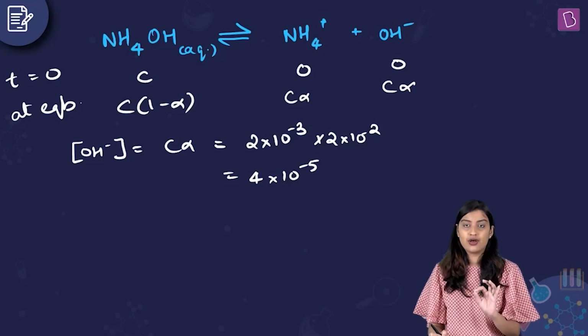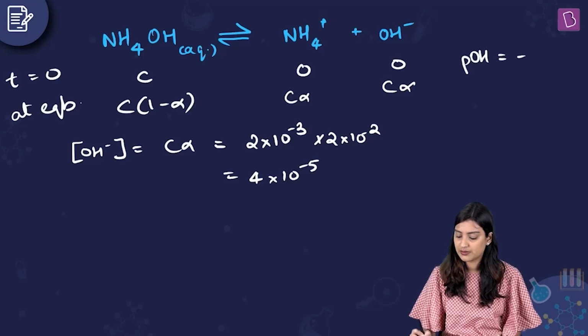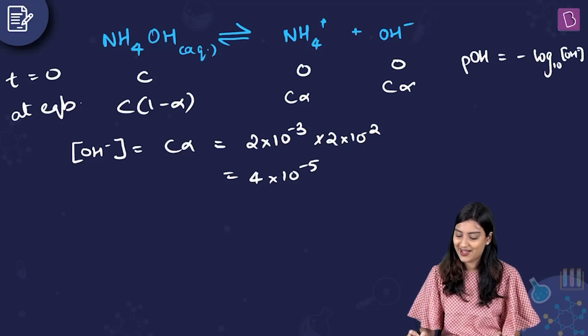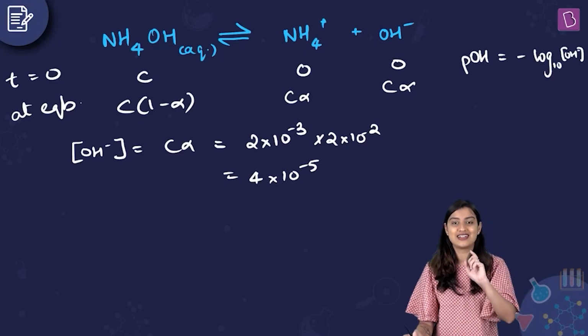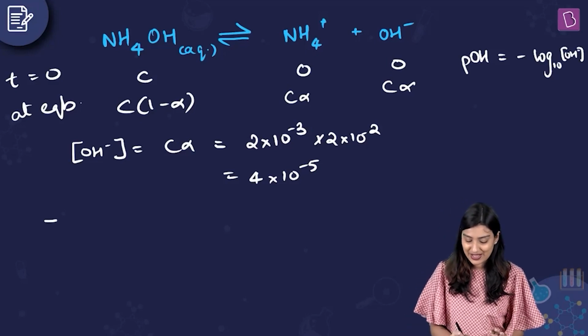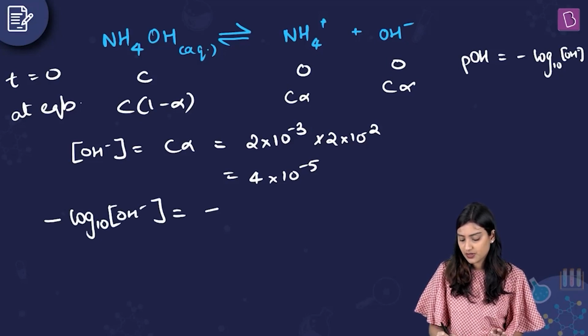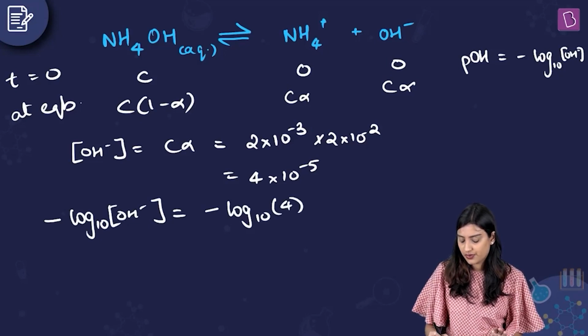We'll find out pOH. So what is pOH? This is nothing but minus log 10 of the concentration of OH minus. So you have minus log 10 of OH minus, which we will write as 4 into 10 to the power of minus 5, and you have minus log 10 of 4 minus log 10 of 10 to the power of minus 5.